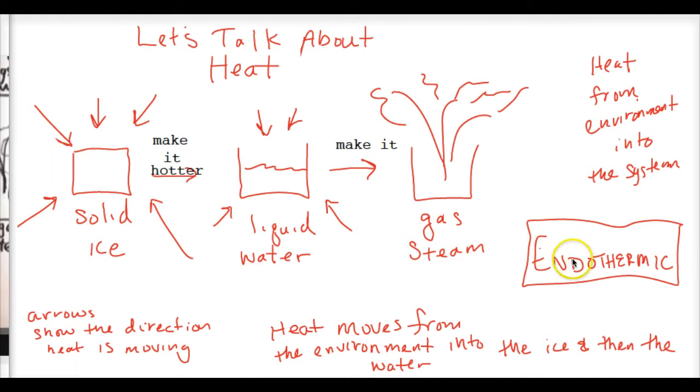To sum up this endothermic process, it's most important to evaluate the direction in which the heat is moving. The heat has to move from the environment into the system. The heat is being added into the system. The system is consuming, using, or absorbing the heat in order to make the phase changes.